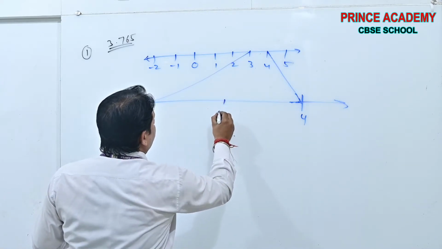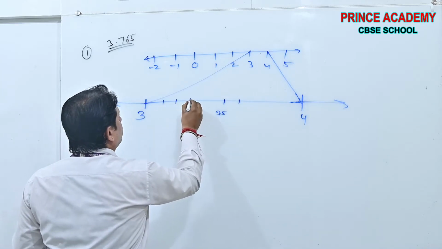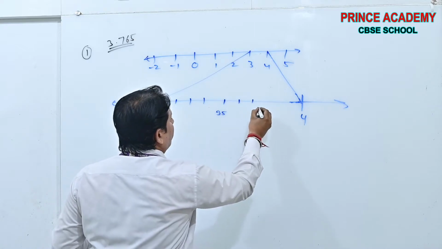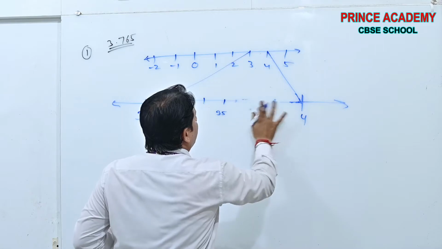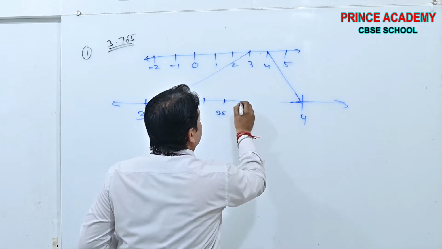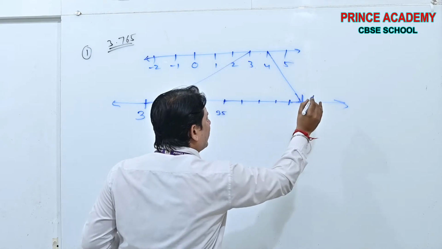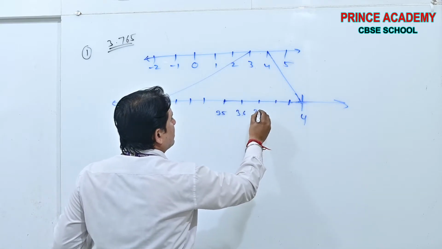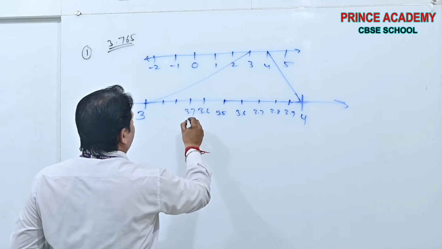In between this is 3.5. 1, 2, 3, 4, 5, 6, 7, 8, 9, 10. Sorry. It was little disturbed. Take it like this. 6, 7, 8, 9. You will use proper scale, you will get perfect output.